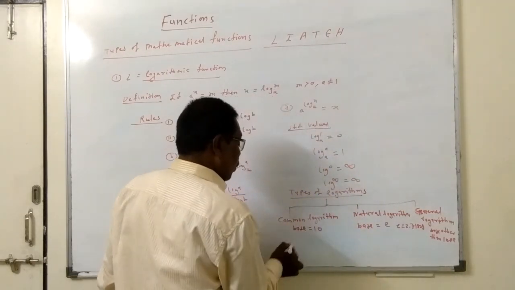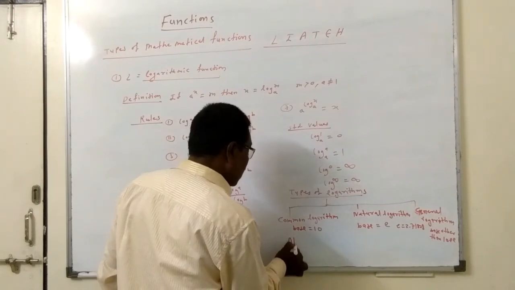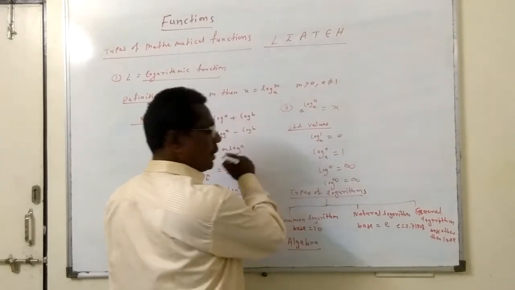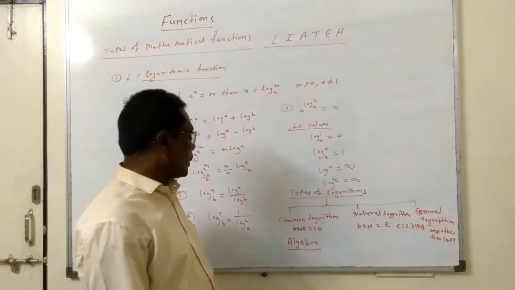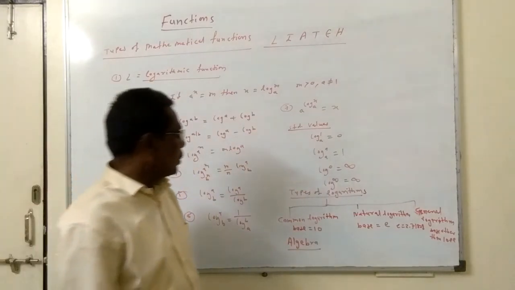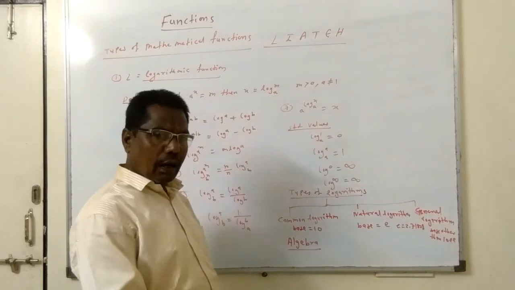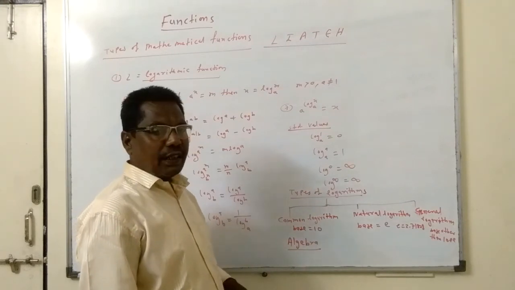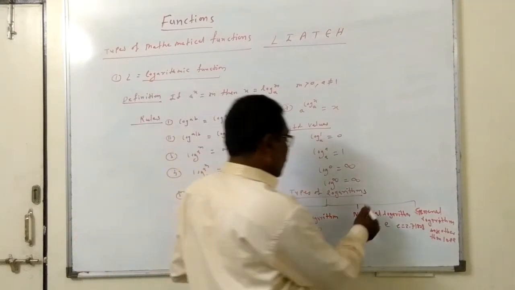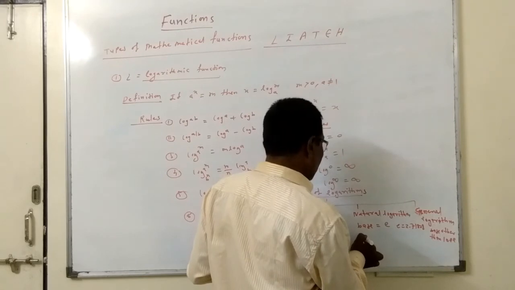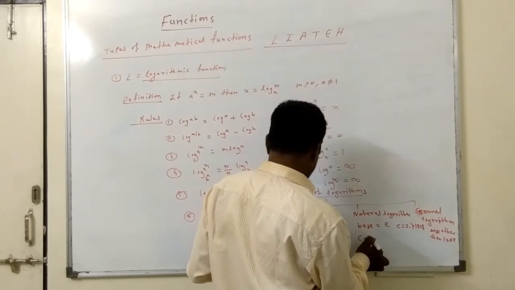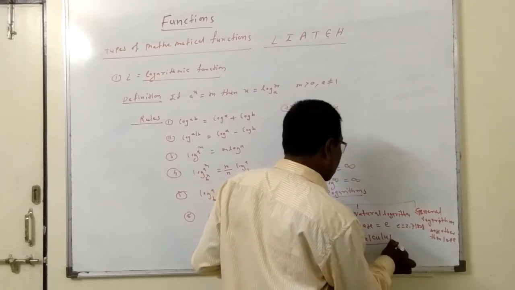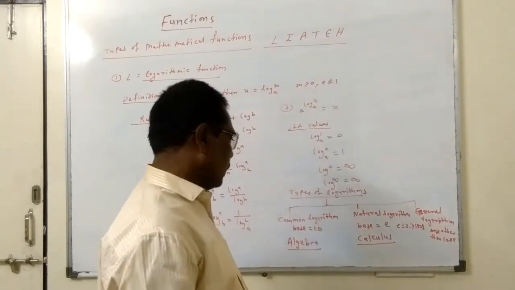Now the common logarithm is used in algebra. Actually this logarithm chapter is from algebra. So when we are solving examples of the logarithm chapter and the base is not stated, you take the base as 10. The natural logarithm is used in calculus. In calculus, the base of log is e, the natural logarithm.